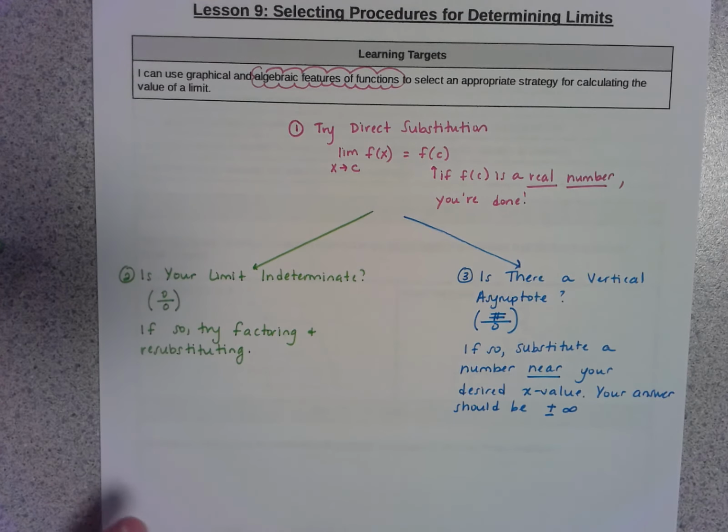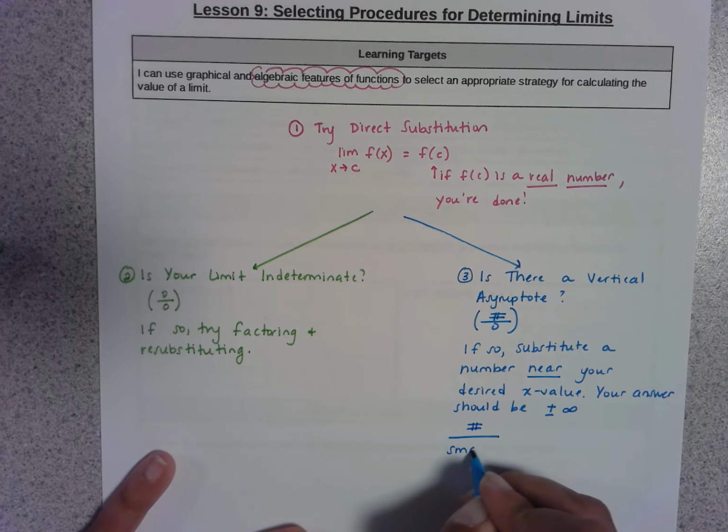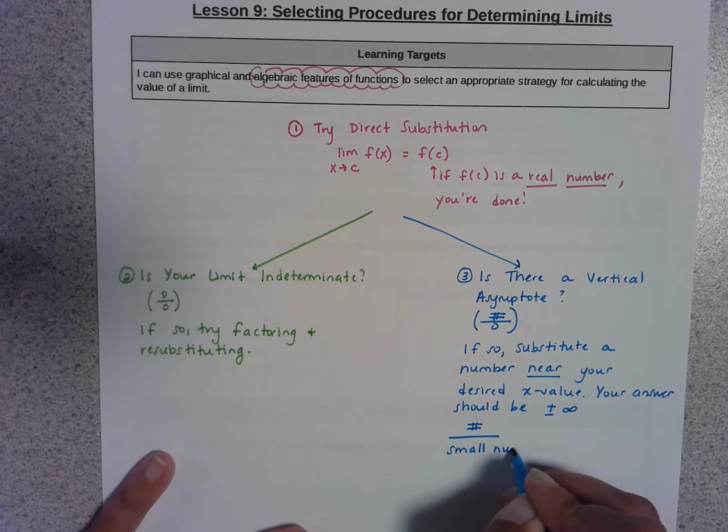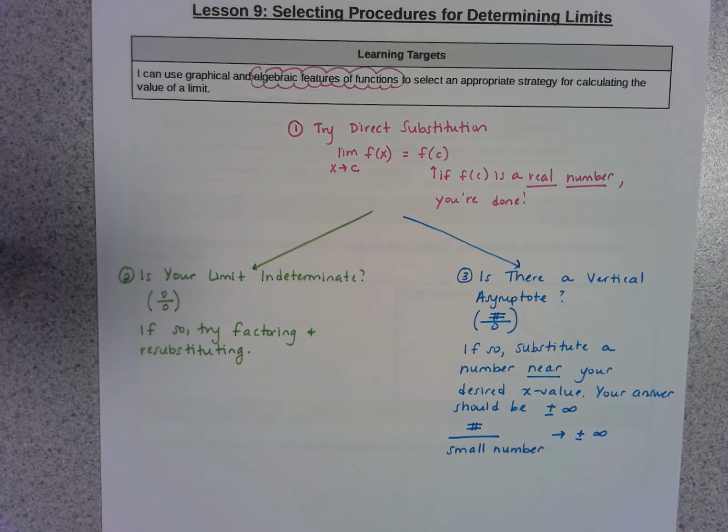Now, you're going to know whether you get positive or negative infinity by looking at your problem. If you have a number divided by a very small number, then your answer is always either positive or negative infinity, and you'd make that determination based on the signs of your numbers. But there is a third situation.